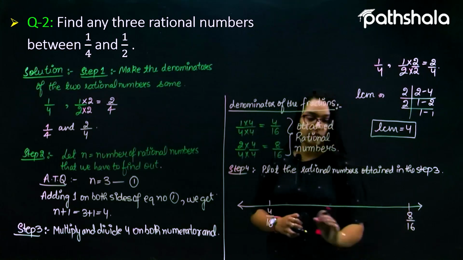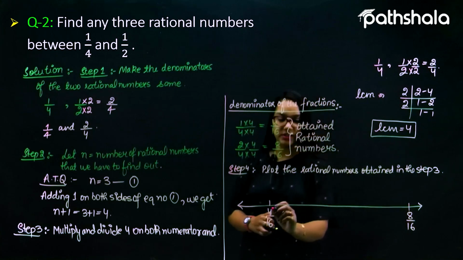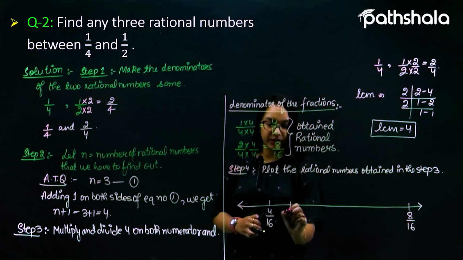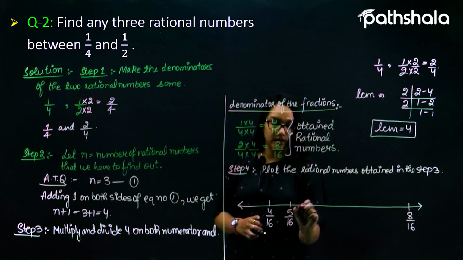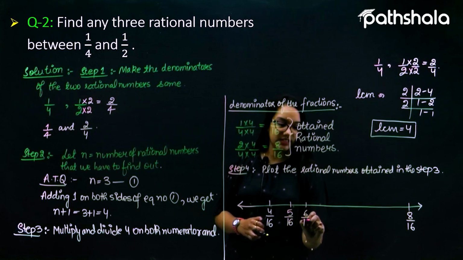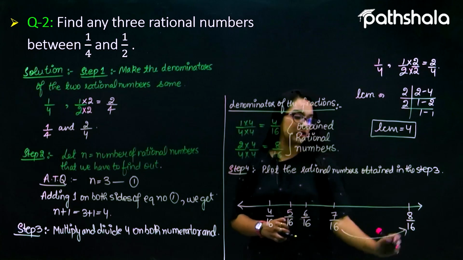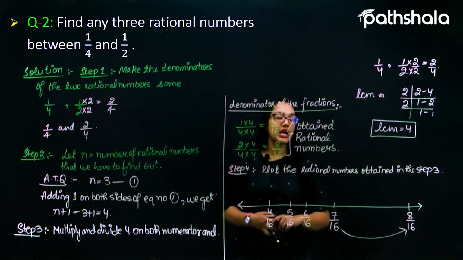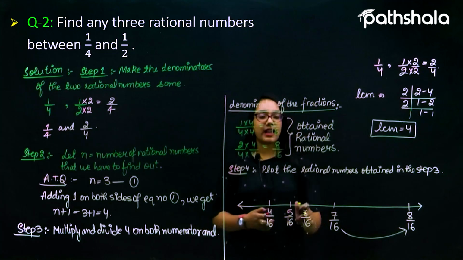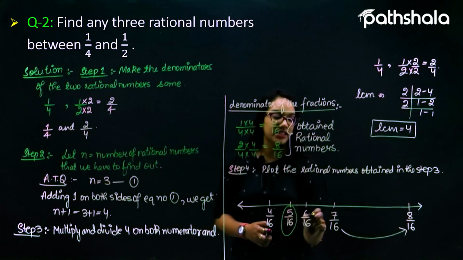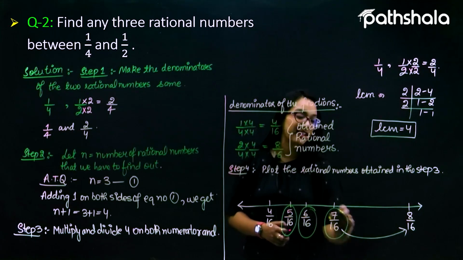Now calculate all the rational numbers that are in between these. So 4 by 16, count it as 5 by 16, start the counting. This will be nothing but 6 by 16. This will be nothing but 7 by 16. And this is my number which is nothing but 8 by 16. So obviously the 3 rational numbers we get at the end are 5 by 16, 6 by 16 and 7 by 16.